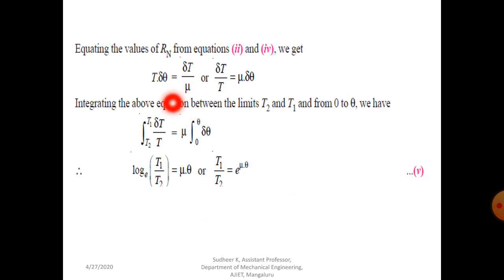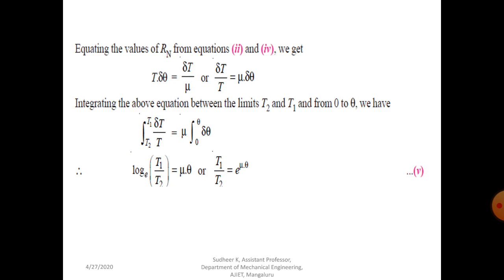So I will write the T terms together, that is dT divided by T is nothing but mu into d theta. Now we have to integrate, because we have to consider a small portion for the entire belt. You have to integrate from the limits T2 to T1, because at A and B the belt is subjected to two tensions, that is T1 and T2.